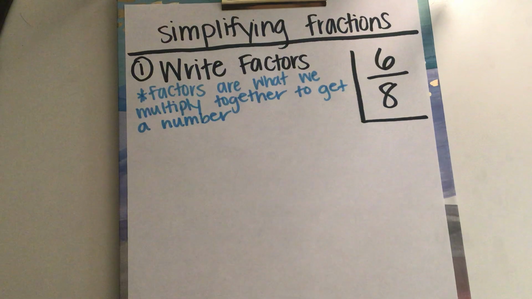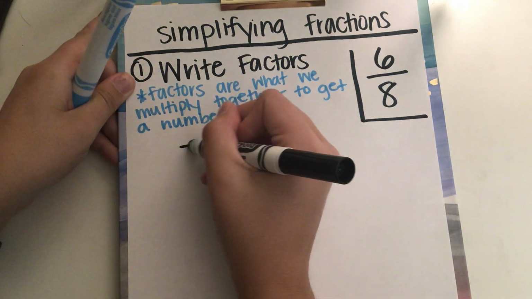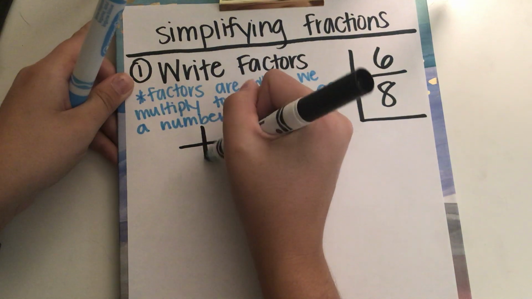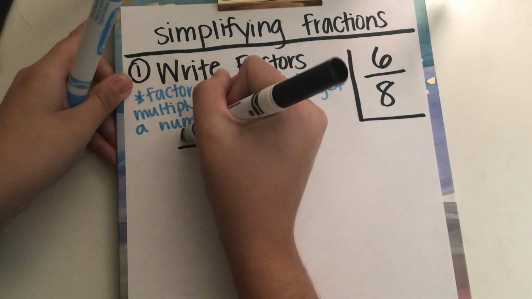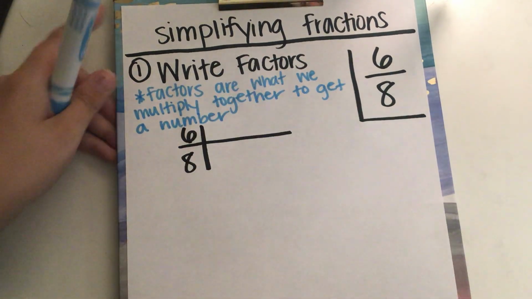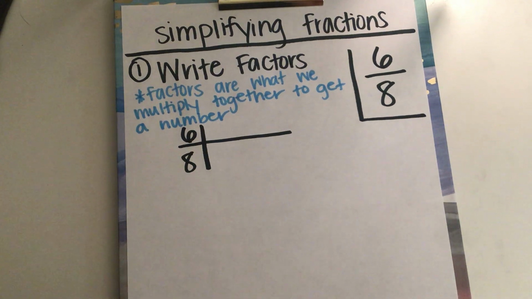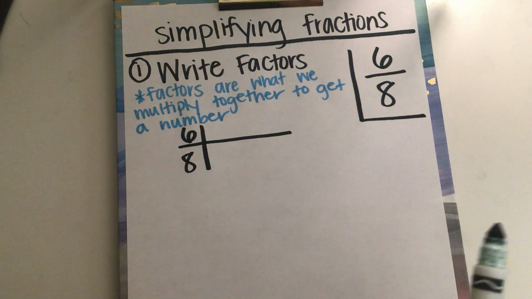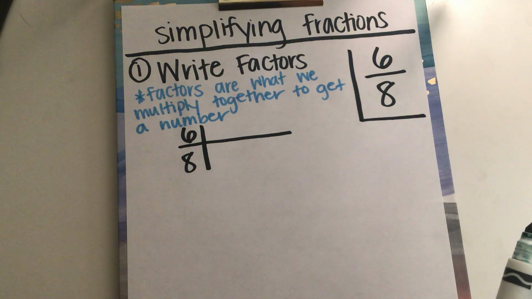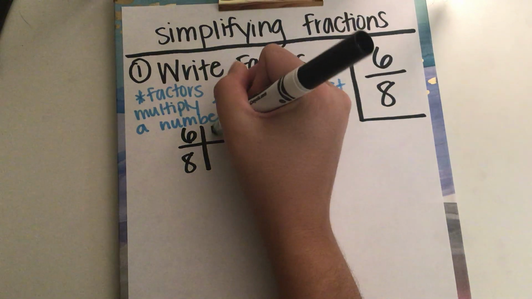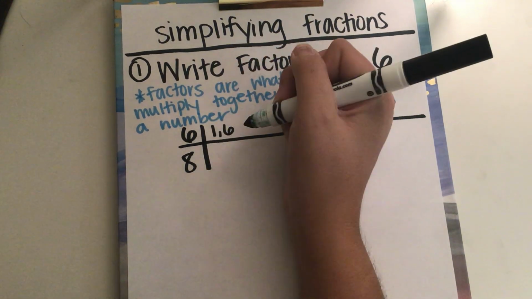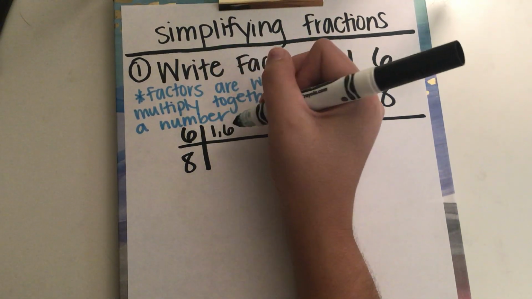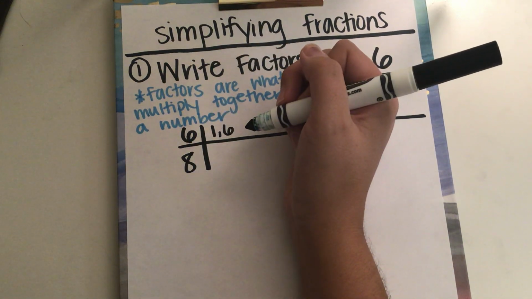So that's where we're going to do our little sideways T-chart. We're going to find the factors of 6 and the factors of 8. This is not where we're finding a common denominator. We are not listing the multiples. We're listing the factors. I know that 1 and 6 are factors of 6 because 1 times 6 is 6.